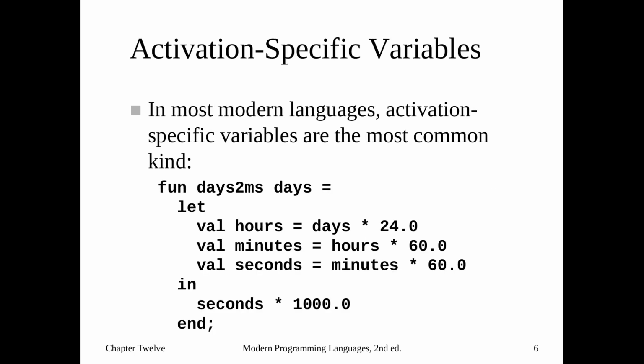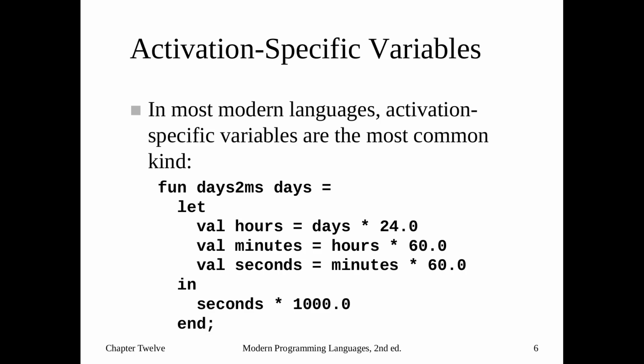So when we talk about activation specific variables, really what we're talking about is just any kind that we normally see, right? In the example here, it's an ML function called days to ms, which is just giving us the milliseconds for a given set of days. It takes in a parameter days. Inside of the let block within the function, we define three other variables: hours, minutes, and seconds.